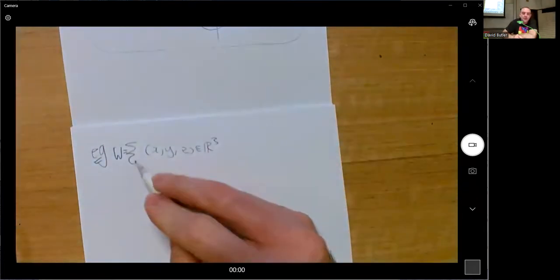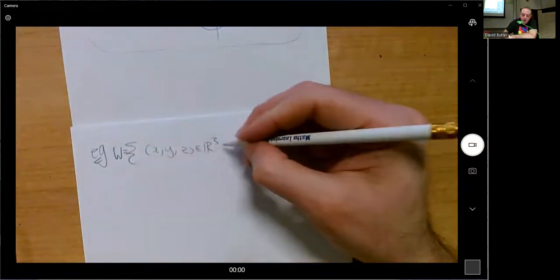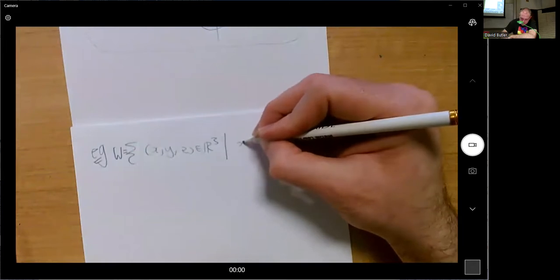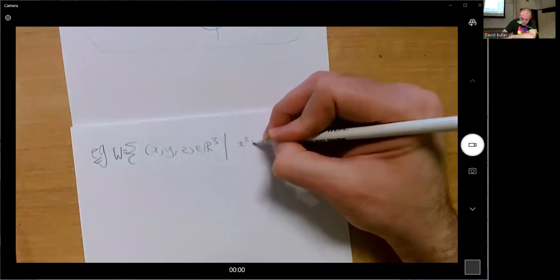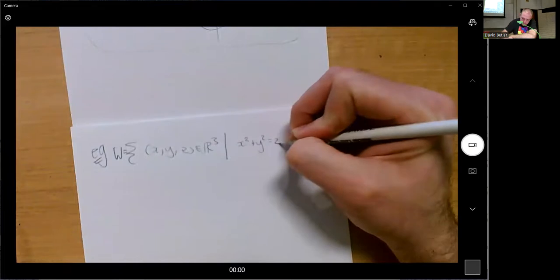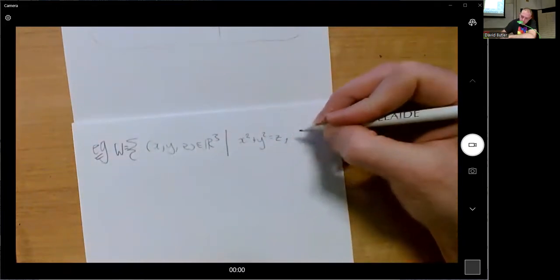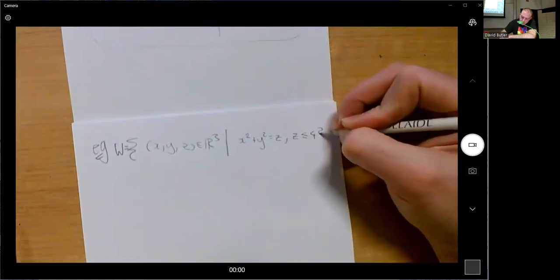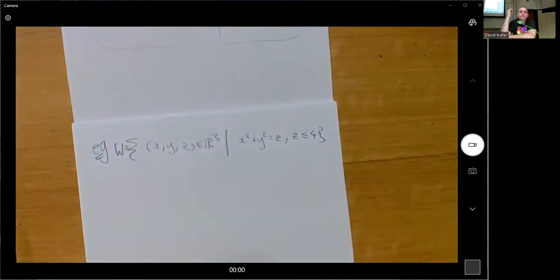So W is the set of points x, y, z in R3 such that that. So what is this object?